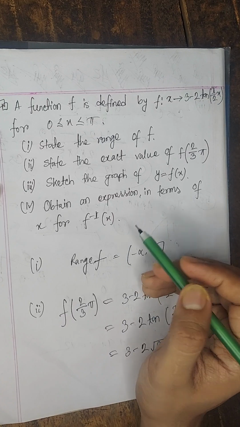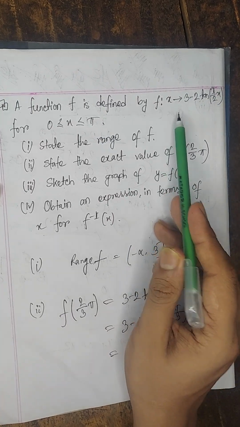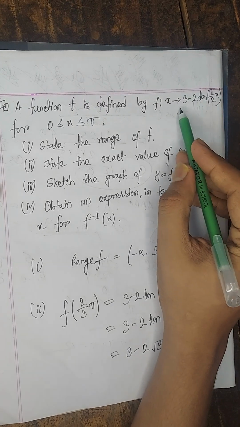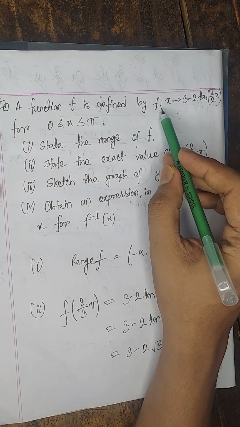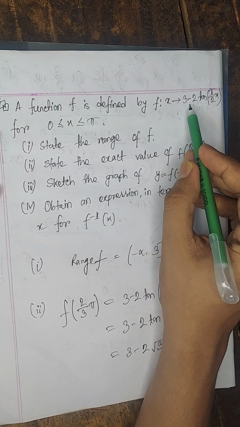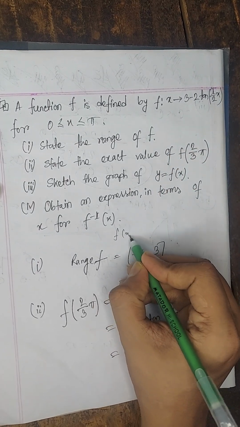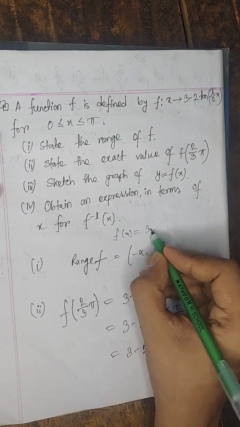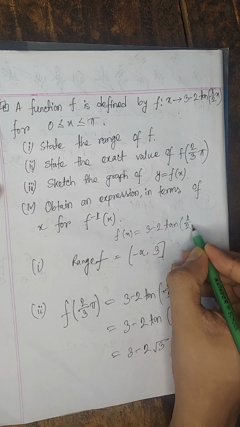So here, what will be the range of this function? The function given here is f(x) = 3 - 2 tan(x/2).